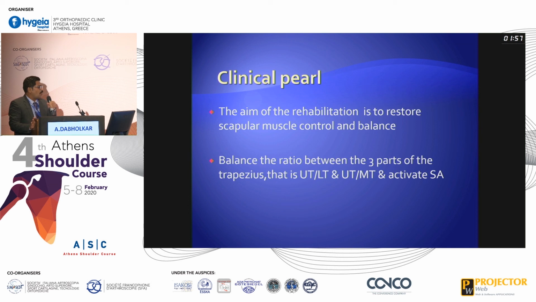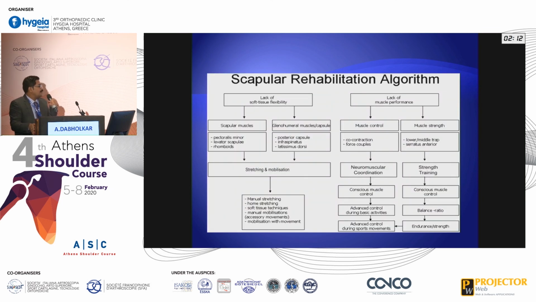What's important, the aim of the rehabilitation is to restore the scapular muscle balance and control. I need to have a balance between the ratios of upper trap, lower trap, and middle trap, and activation of the serratus anterior. That's the famous Cools algorithm, which says whenever there is lack of flexibility, you need to work on stretching.